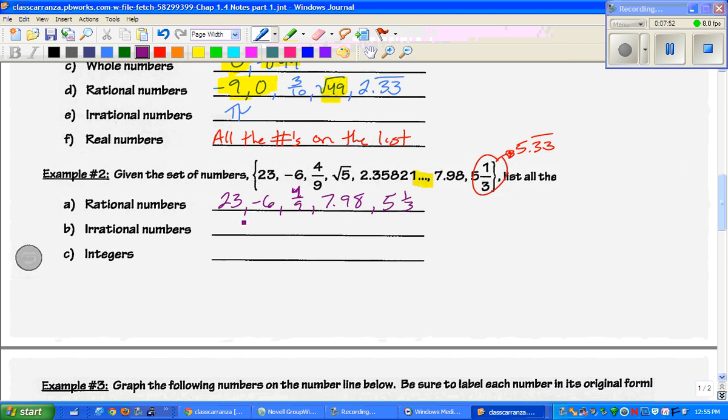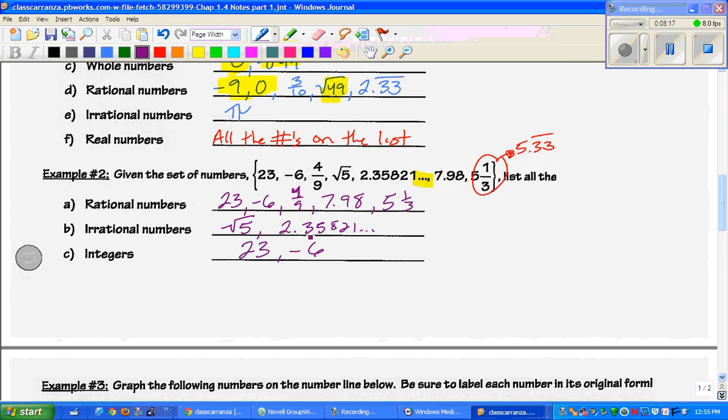My irrational numbers, square root of 5 and 2.35821. And now our integers are just going to be numbers without fractions, without decimals. It's 23 and -6.